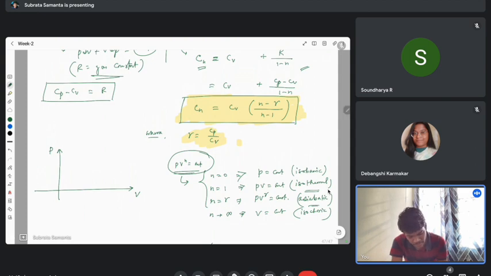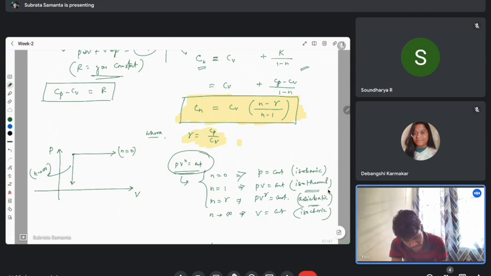So if you plot this, n equals 0 is isobaric, pressure constant, and n tends to infinity is isochoric. The other two processes are n equals 1 and n equals gamma.